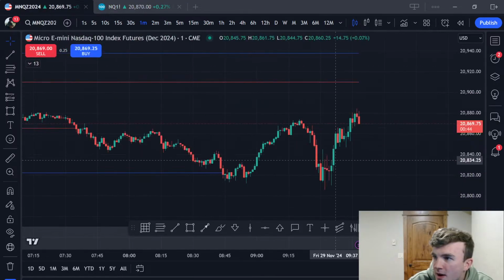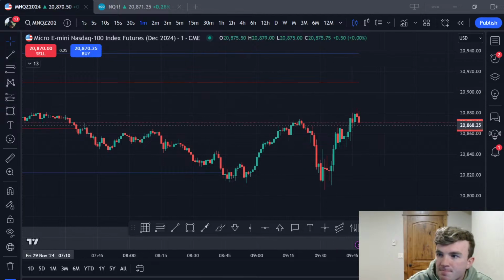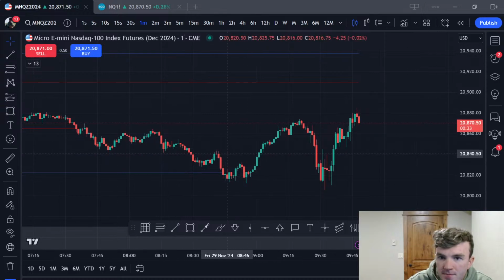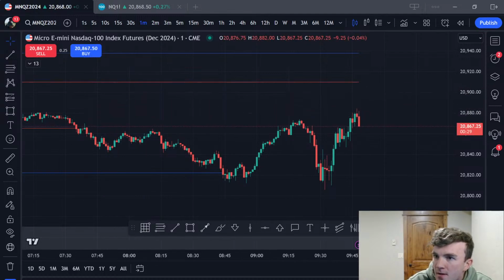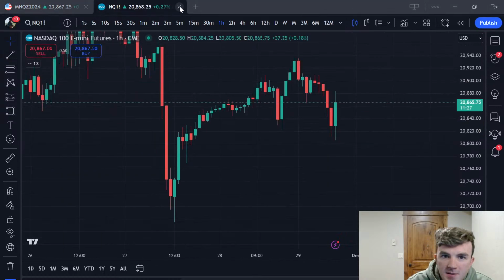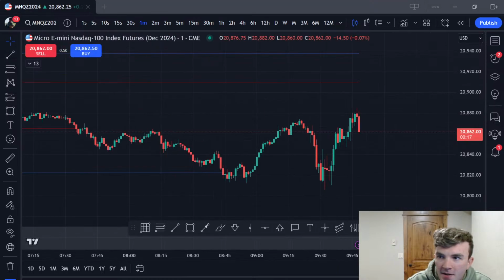I could probably just do higher time frame stuff on here. Okay, that's what I'll do. So let's just get rid of this, because we don't need that. If I want to do a higher time frame on NQ, I'll do this. I just want to keep them separate.